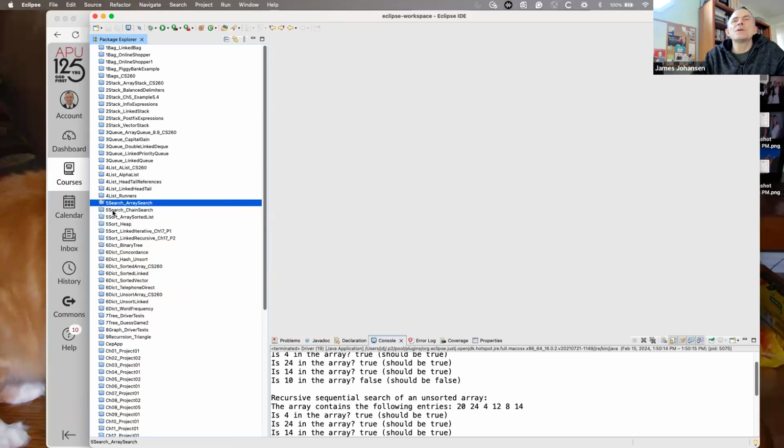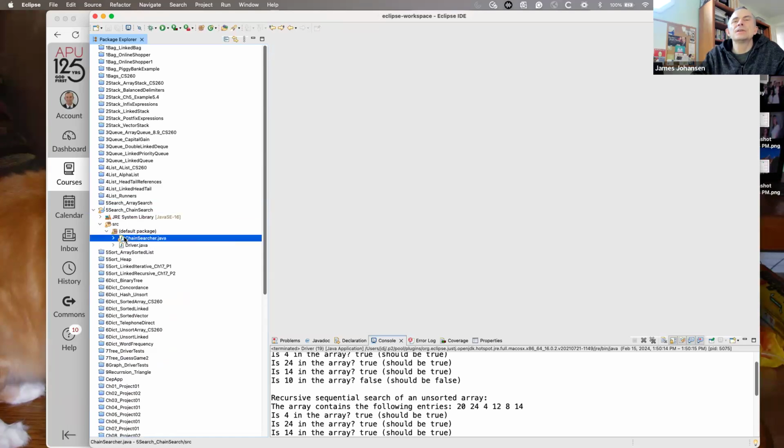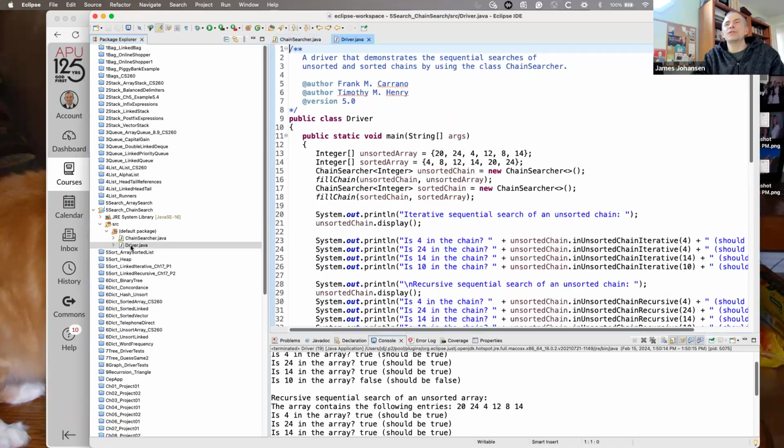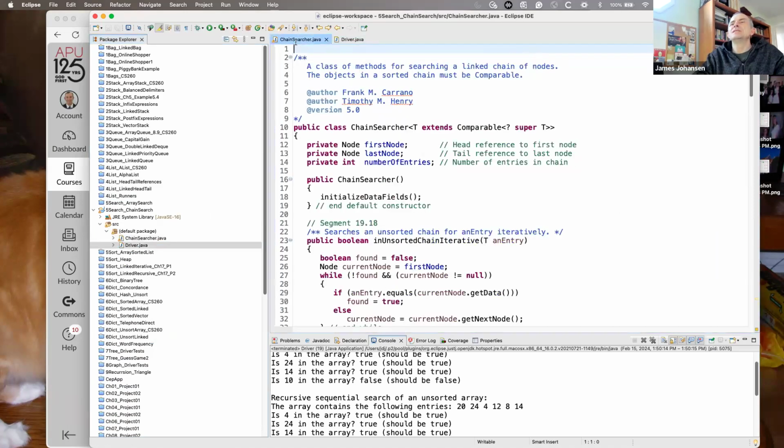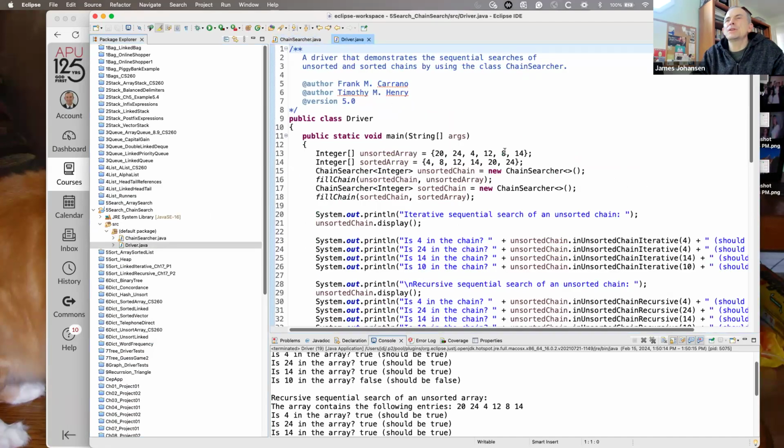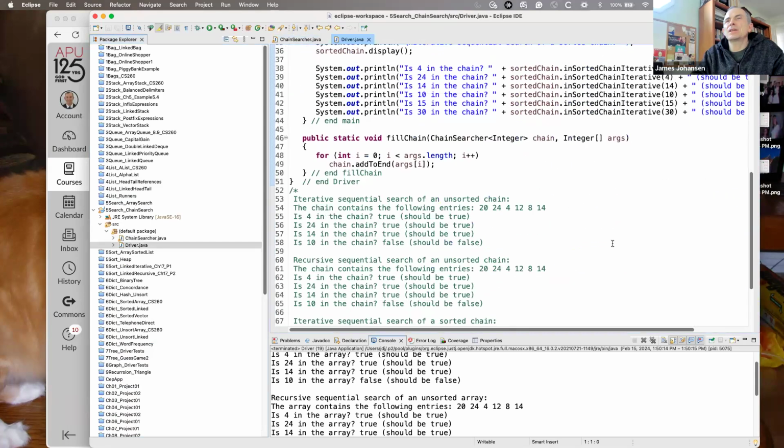We'll go through this a little bit faster. The other one was an array implementation. Here we have a linked implementation. Maybe I'll just do a quick scan here.